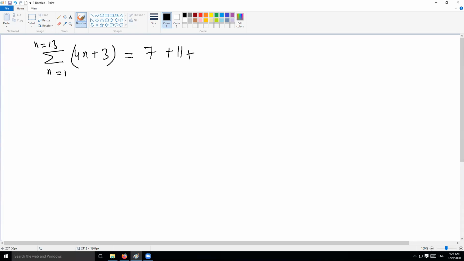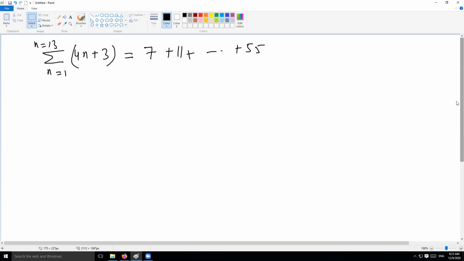And the last term, if you substitute 13 into it, is 13 times 4, 52, plus 3, so it's going to be 55. So this sum goes from 7 up to 55.